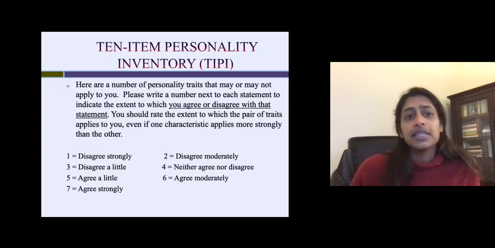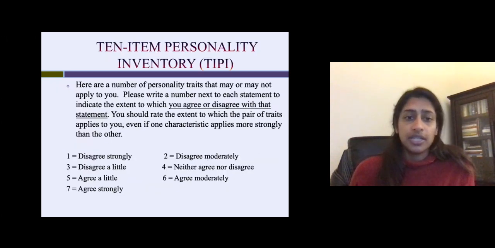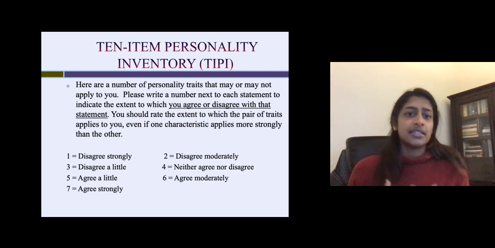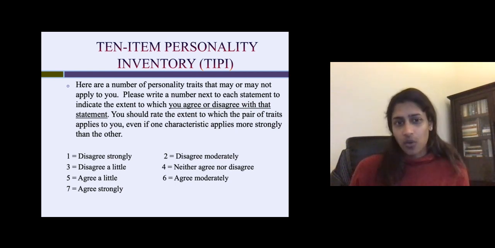So I'm going to give you an example from our 10-item personality inventory, or the TIPI. You may have heard of the Big Five if you've taken social psychology or personality psychology. Well, this is a condensed survey. While the original Big Five has 56, I think, questions, the TIPI has condensed that into just 10 questions.